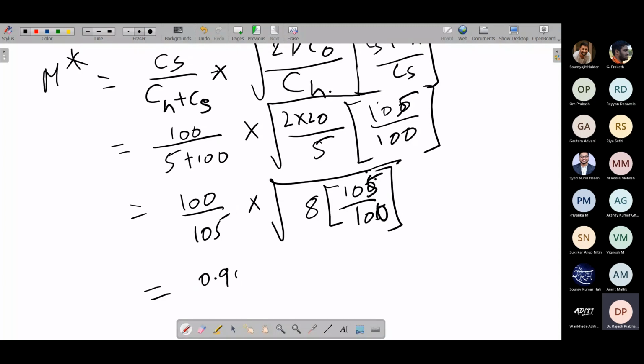So 105 by 100 is 1.05 into 8, 8.4, and 8.4 square is 2.89 into 0.95 is 2.765. So we made some mistake somewhere here.